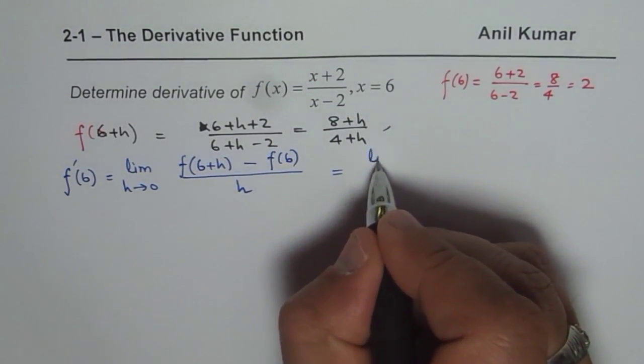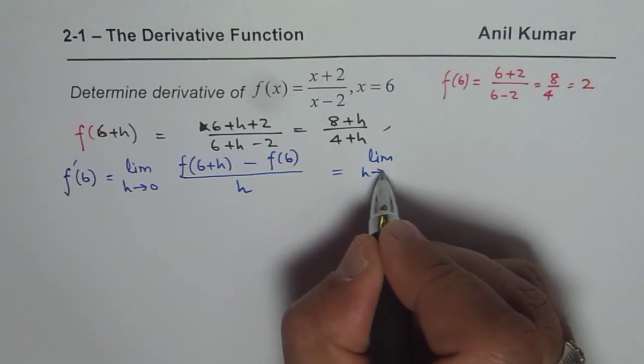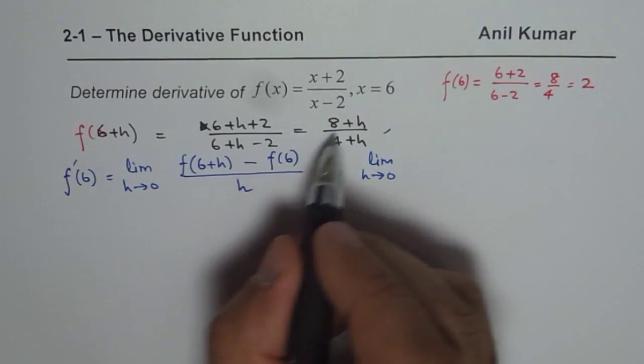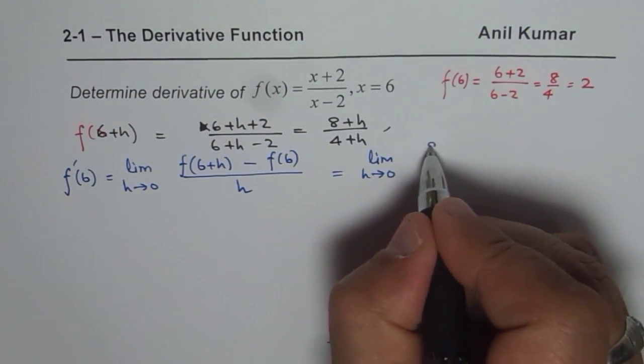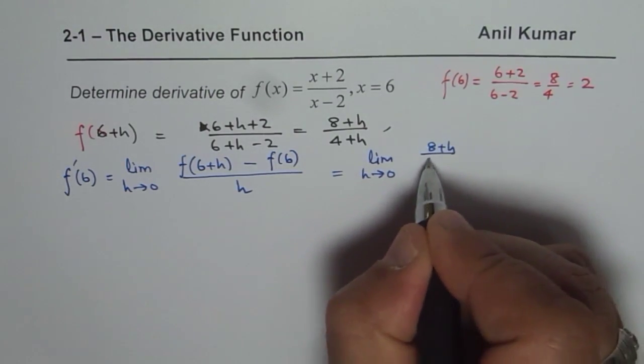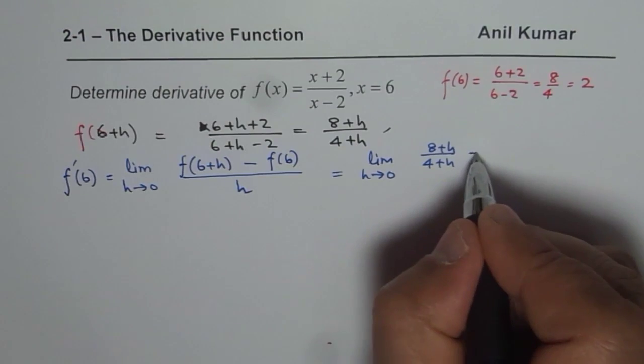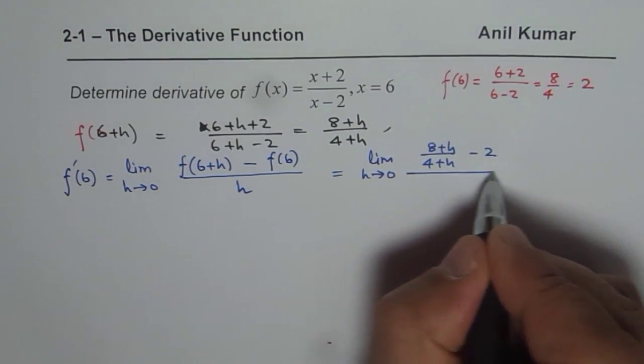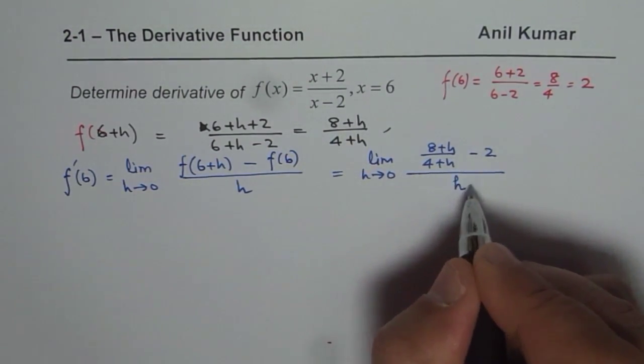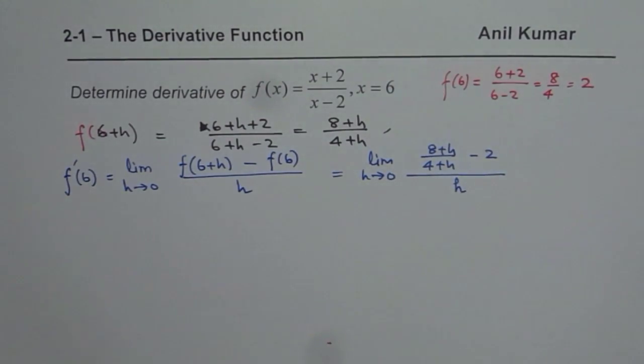So now we can write down the limit as h approaches 0. F of 6 plus h is this number, 8 plus h over 4 plus h, minus f of 6, which is 2, divided by h.